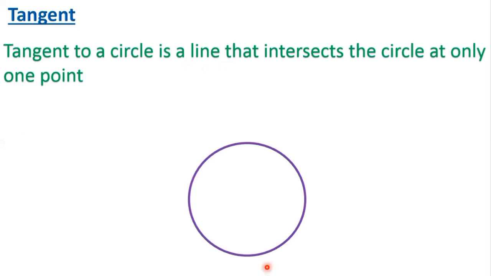Now there is a circle. Now this is the tangent. This is the tangent AB. Observe that the line intersects the circle only at one point.